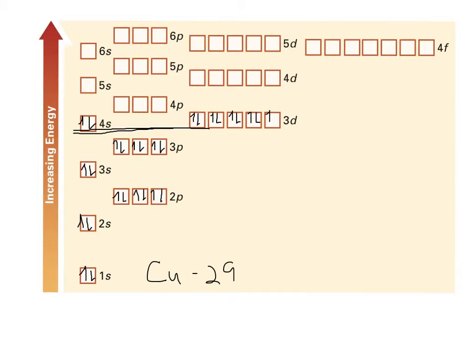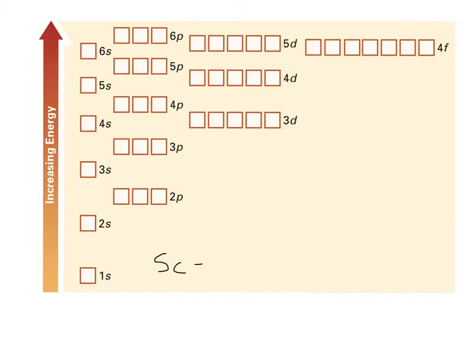Now, there is an unusual thing about, these are the exceptions. There are some exceptions here. Anytime that you have something that finishes with a d, so let's do scandium, Sc, which is number 21. 21 electrons, therefore.